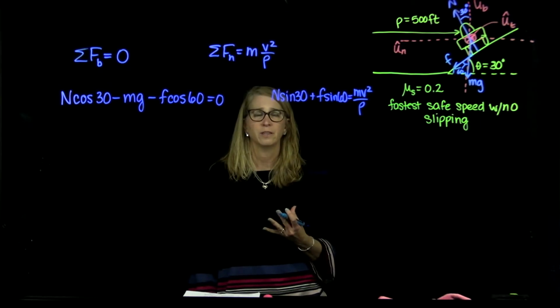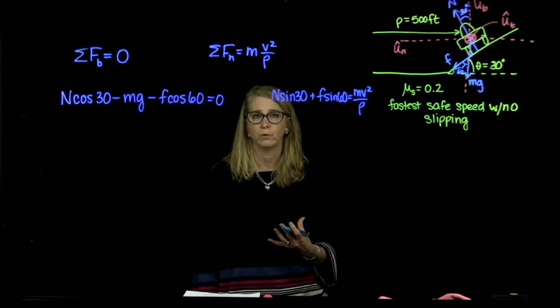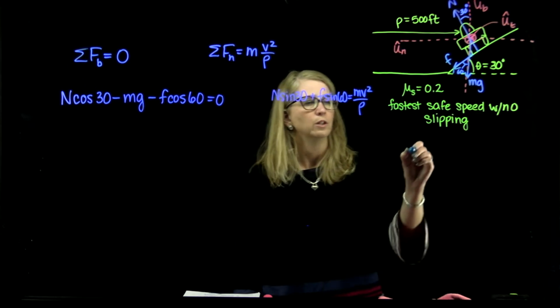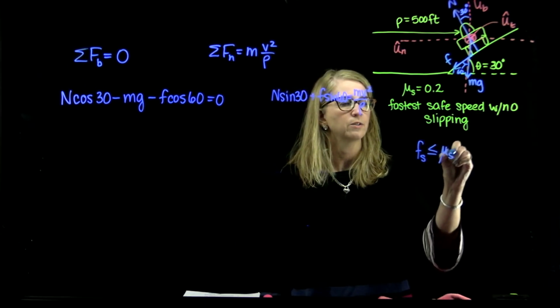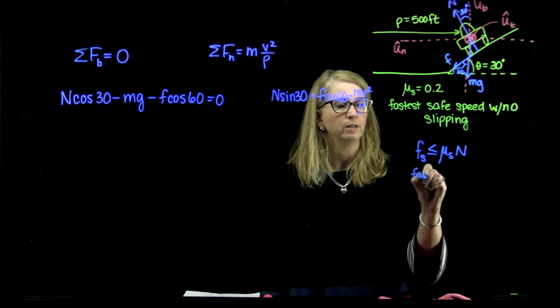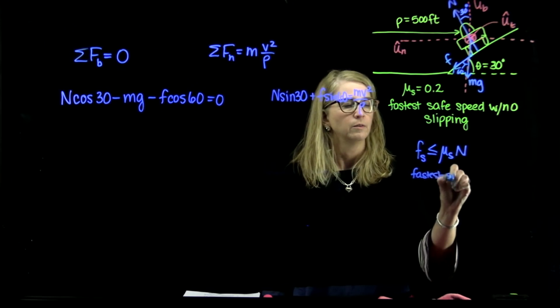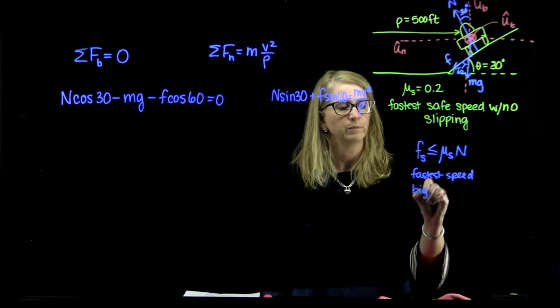Now, one of the things that I remember is that the frictional force is related to the normal force. The static friction is less than or equal to mu s times normal. And if we want the fastest speed, then we need the biggest friction.